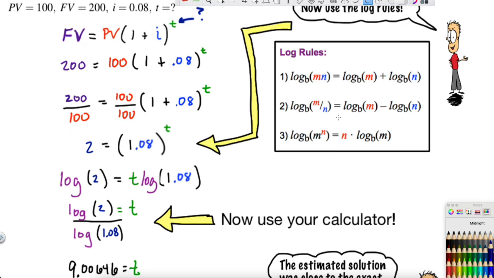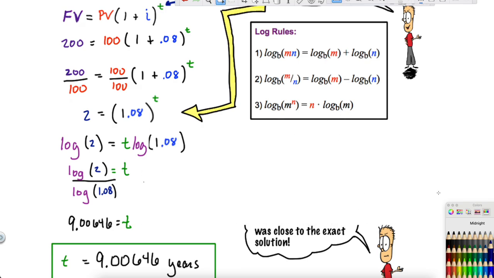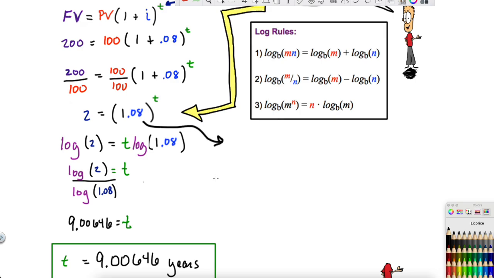Now there are some log rules we could use here. We could take the log of both sides, and we know that log base b of m to the n is equivalent to n times log base b of m. I have no problem with that, but we also can just use our understanding of logarithmic rules.